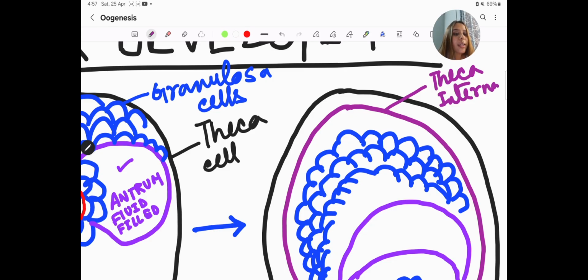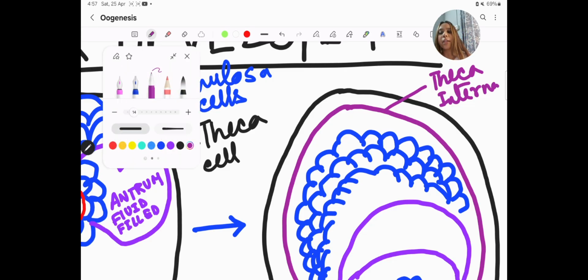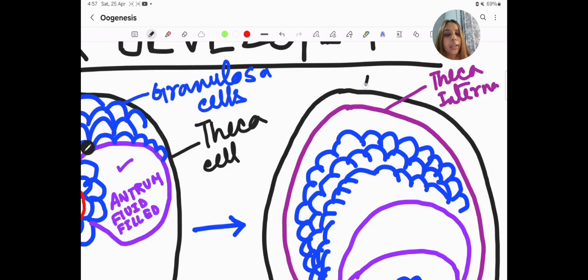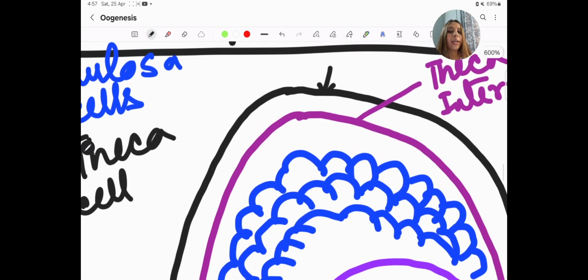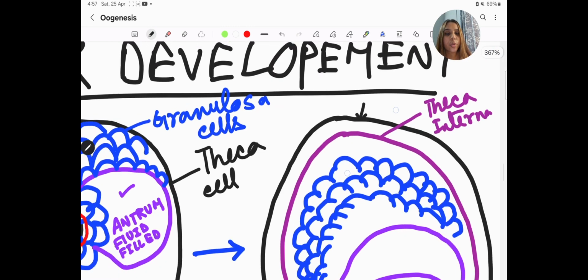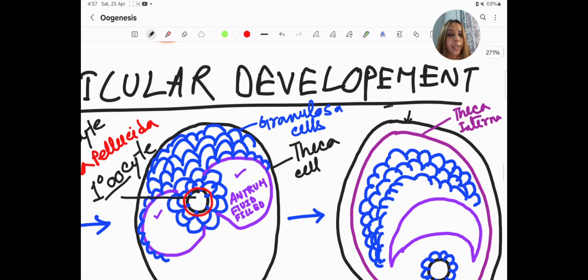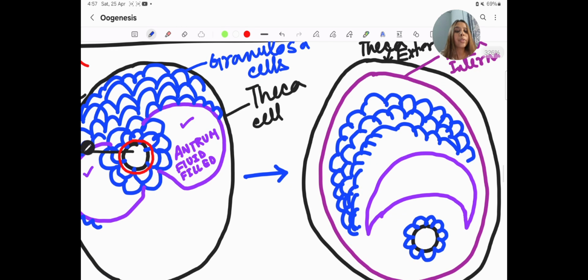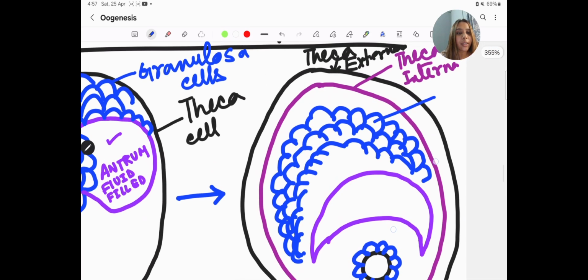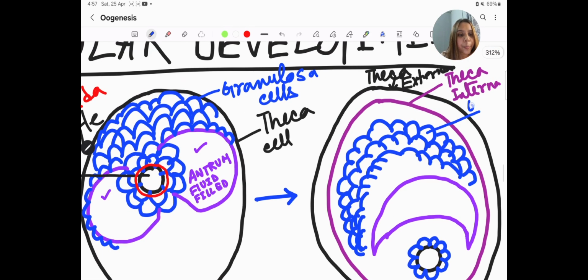So if it is theca interna, then the last one is the theca externa. So this one is the theca externa. So theca externa, theca interna. These blue cells are the granulosa cells. So these are the granulosa cell layer.